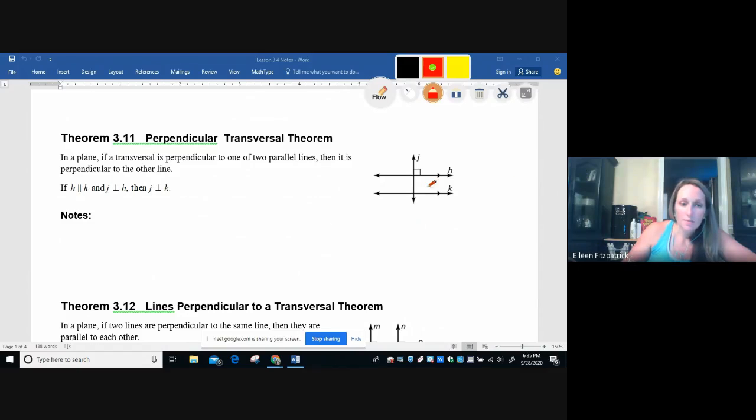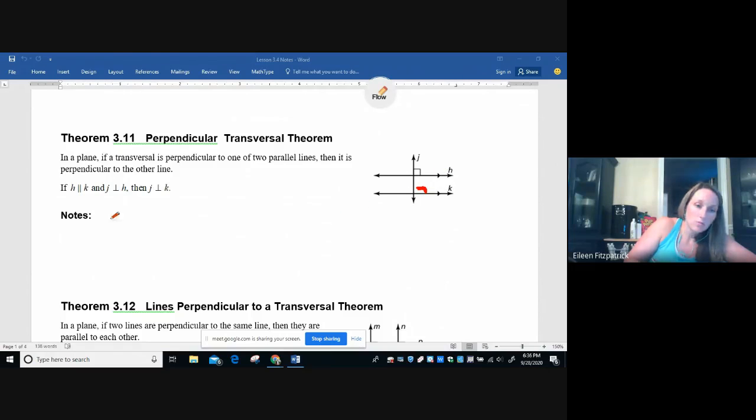So in this diagram, if H and K are parallel to each other, if J is perpendicular to H, then J also has to be perpendicular to K, which makes sense because even if we talk about corresponding angles for a second, if we have parallel lines cut by a transversal, I know corresponding angles, this angle here and this angle here, corresponding angles are congruent. So this angle right here would also have to be a right angle. All right, so if J is perpendicular to one line, J is going to be perpendicular to both lines, assuming those two lines are parallel.